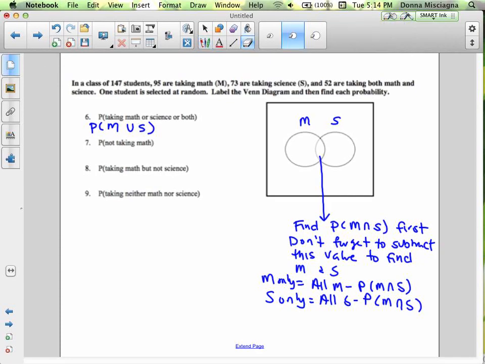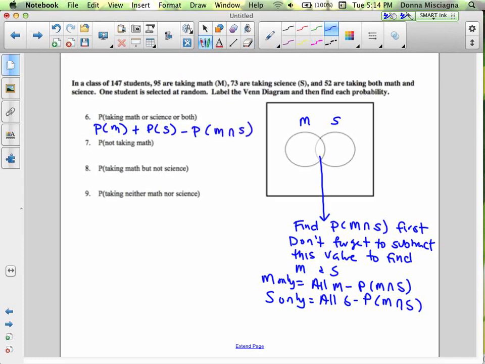So you're going to take the probability of math plus the probability of science. These are not mutually exclusive. Don't forget to subtract off the ones that are in the overlap. Otherwise, you'll count them for the math, you'll count them for the science.